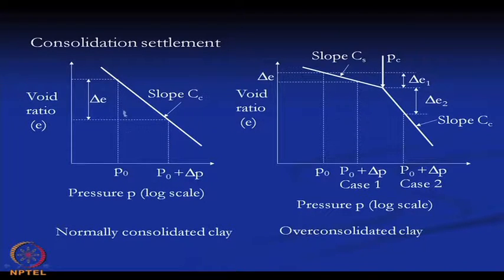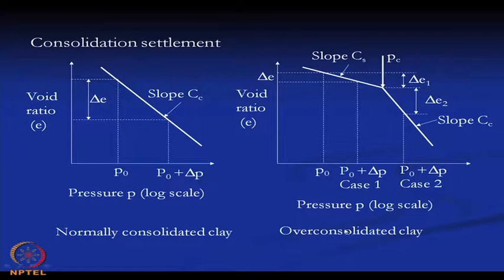Here the slope of this curve will give us the Cc, the compression index. This is the stress difference, del P, from P0 to P0 plus del P, and because of this stress difference there is a change in void ratio, del e. As expected, as we increase the pressure the void ratio will decrease.